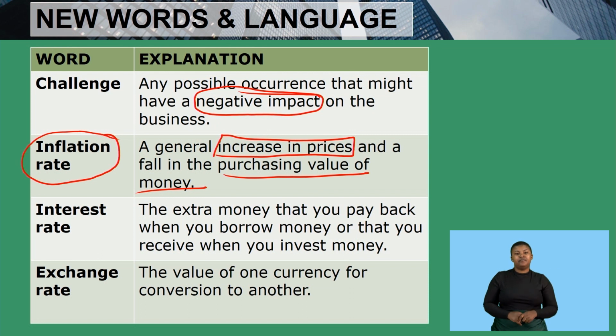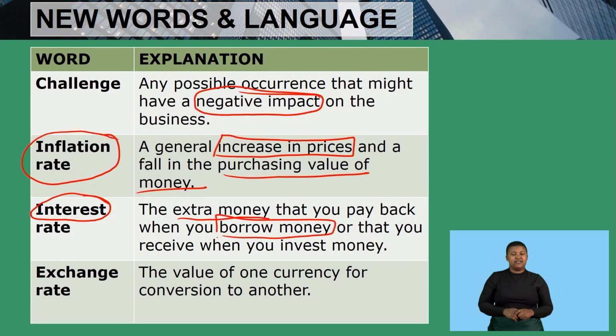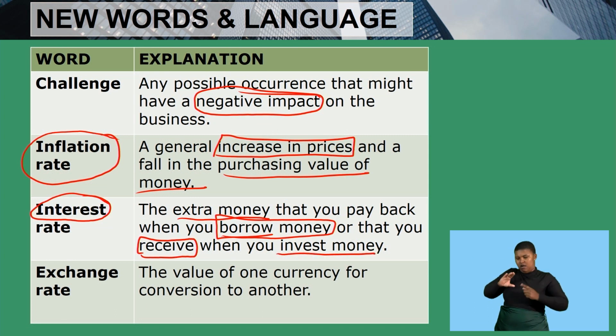Our third new word is interest rate. Interest rate is when you pay money back that you have loaned, and then you normally pay interest on that money. So it's any extra money that you have to pay back when you borrow money, or if you are lucky enough, if you have invested money, you will receive interest on the money you have invested.